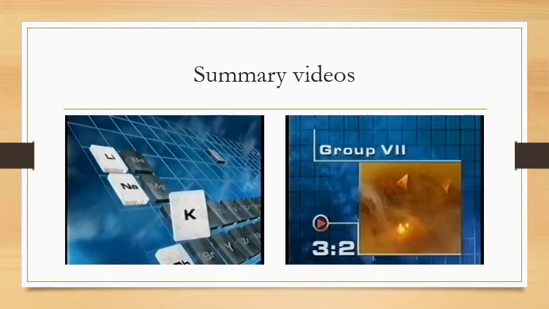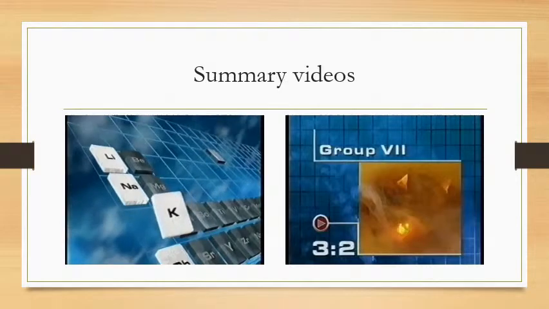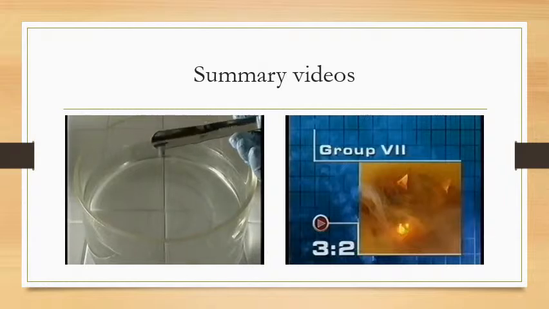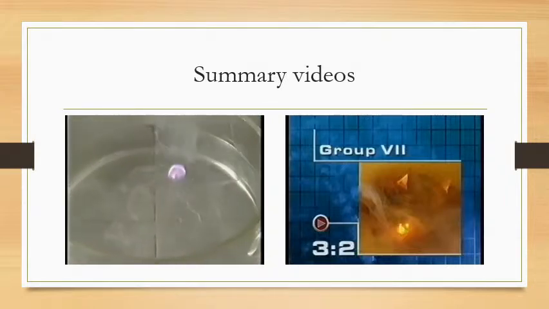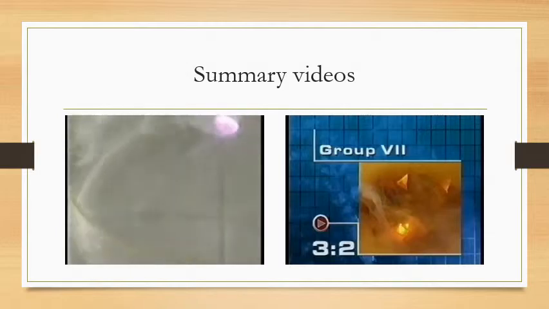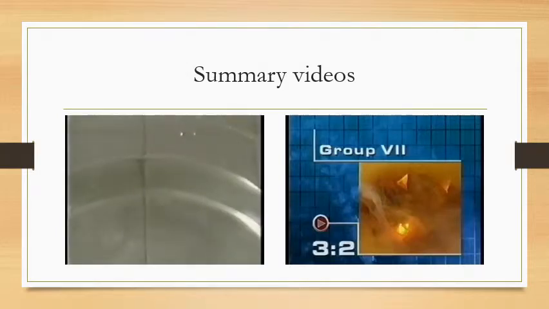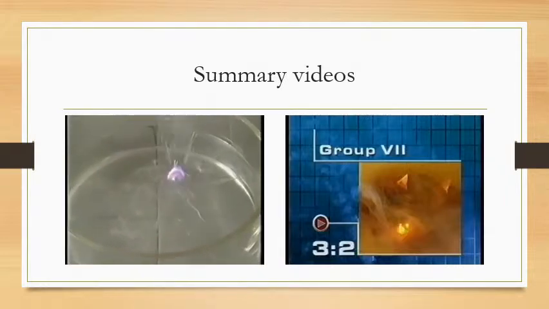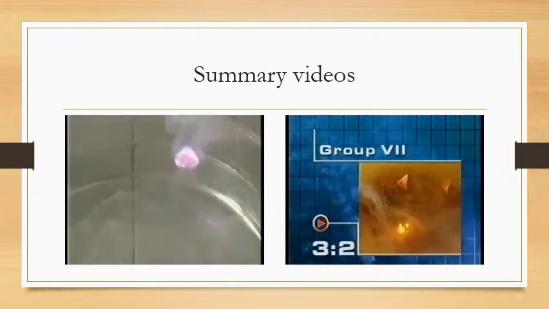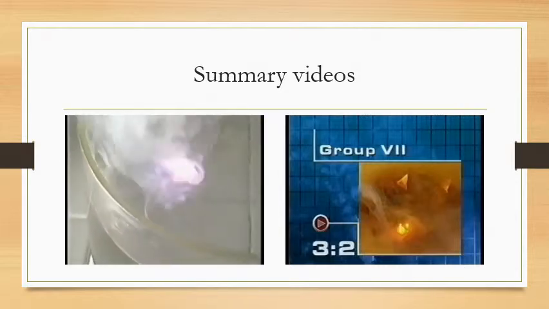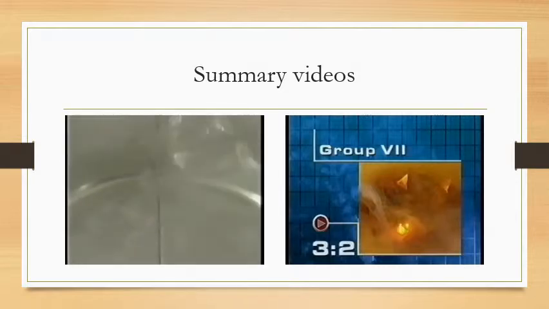Potassium is below sodium. So how would you expect potassium to behave? Potassium is definitely more reactive than sodium and lithium. It reacts immediately, and the hydrogen produced ignites on its own.